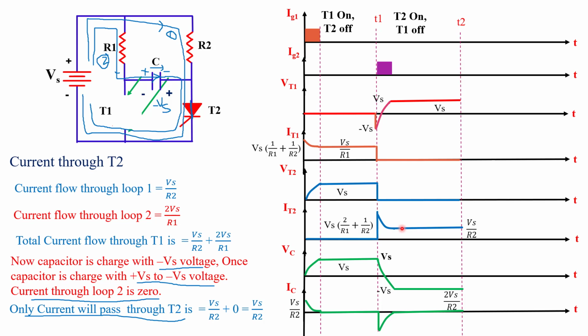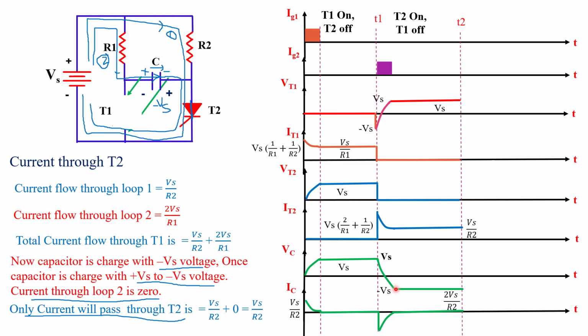So here this magnitude is Vs by R2. At this point, the capacitor is completely charged with minus Vs voltage, as we see in the capacitor waveform. This is the time duration where the capacitor charges from plus Vs to minus Vs.